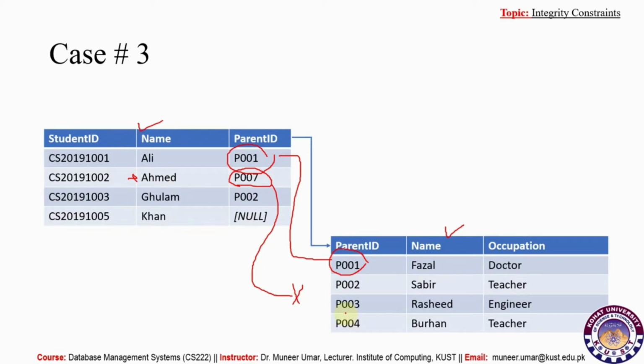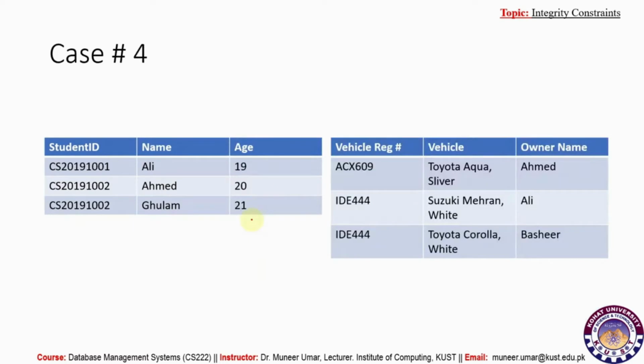So the condition for this is that the value must be either present in the second connected table or it must be null.